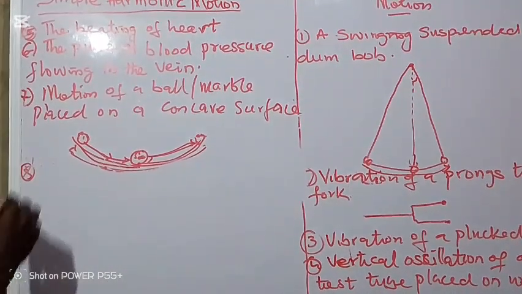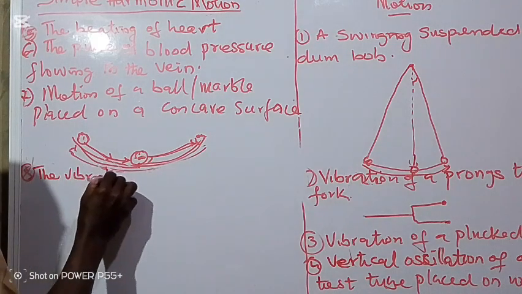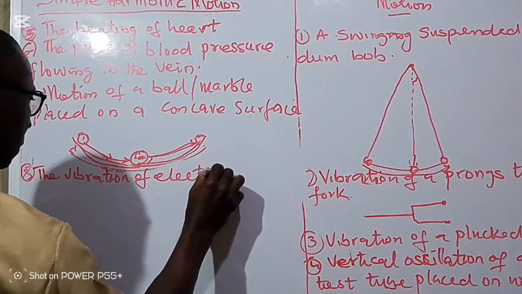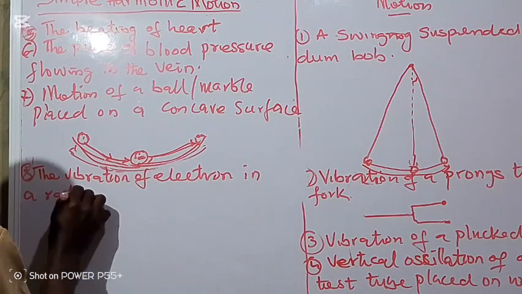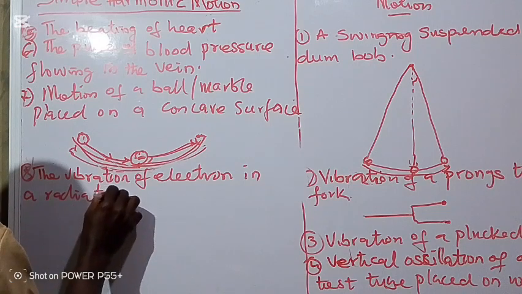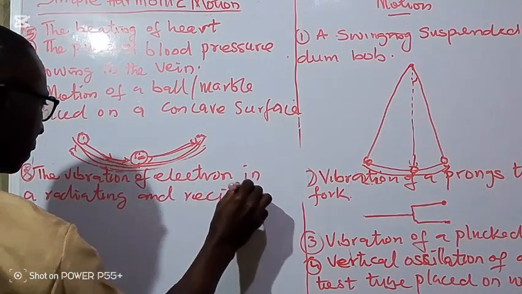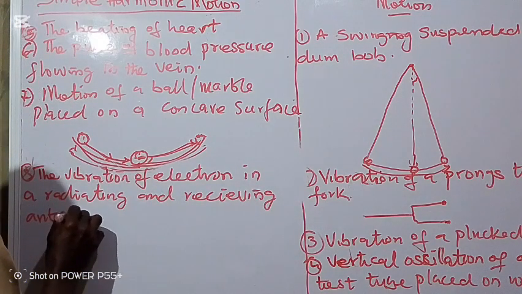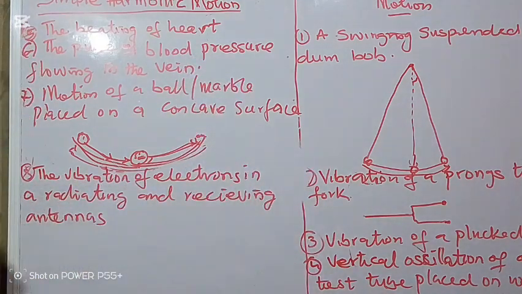Number 8, the vibration of electrons in a radiating and receiving antenna.